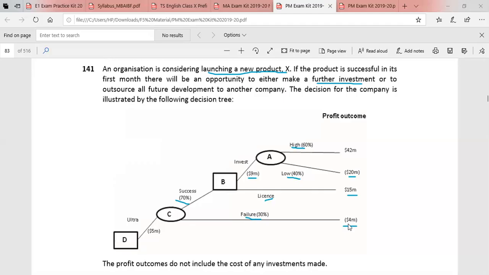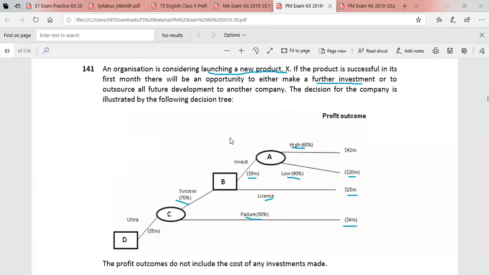Success will result in taking up the next course of action, which is investing an additional 9 million. By investing the additional 9 million, there will be a high chance of a profit, which is 42 million, and a low chance, which is 40%, that there would be a loss of 20 million.